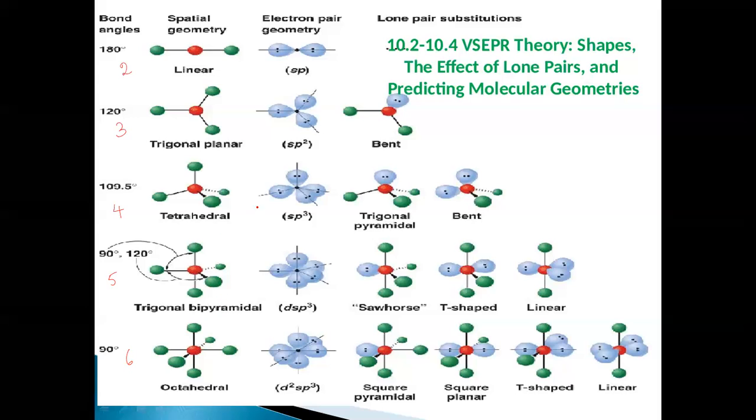With one lone pair, this is one lone pair, yes, this is 2 lone pairs. And here one lone pair, 2 lone pairs, and 3 lone pairs. Here one lone pair and 2 lone pairs, and so on. Okay, here it is one lone pair.